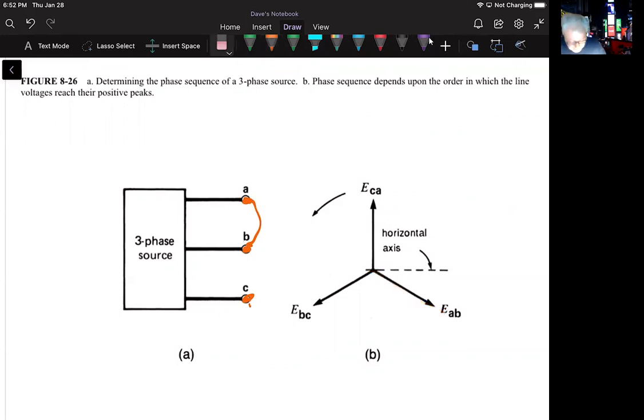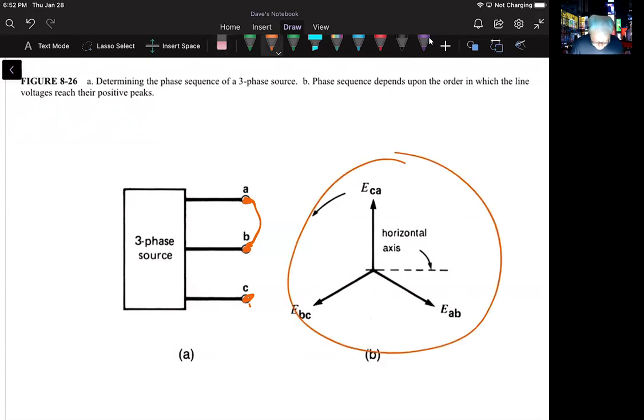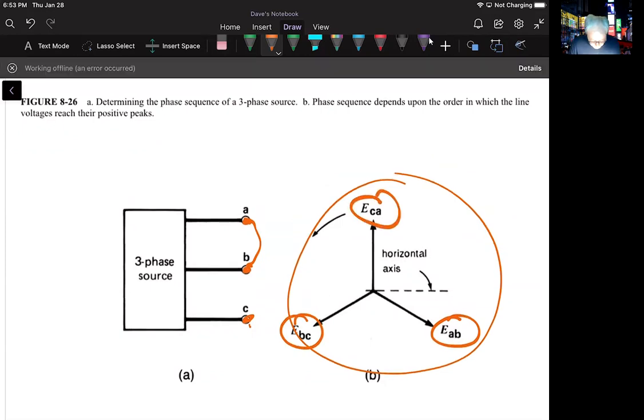Suppose the line voltages EAB, EBC, and ECA are correctly represented by the revolving phasors shown in 8.26B. As they sweep past the horizontal axis in the conventional counterclockwise direction, they follow EAB, EBC, ECA, and then all that just repeats.